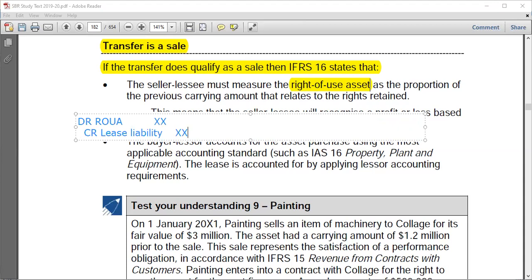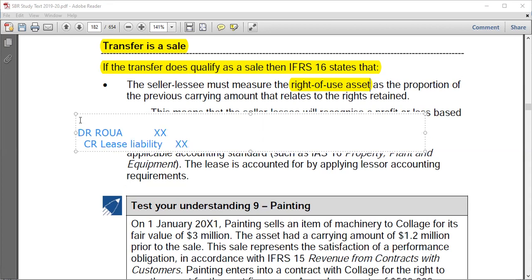Now remember, someone has sold something and they have received cash, right? So it's very obvious that they would have debited cash, but also they would have removed an asset. Let me just write it this way.